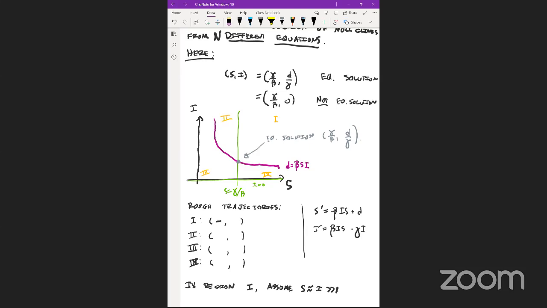This region is the set of points where S is larger than gamma over beta, and I is larger than D over beta S. So it's basically everything from here off to infinity.